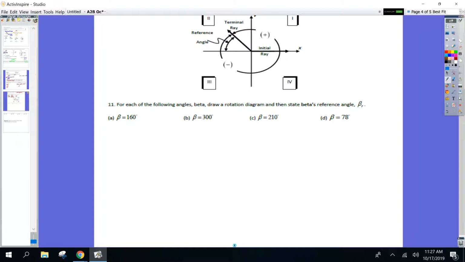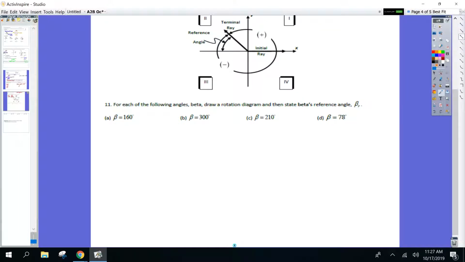So what I need you guys to do, can you set up your own x and y axes and graph 160 degrees for me? That's what I want you to do first. Graph 160 degrees before I talk about the reference angle. You want counterclockwise there.